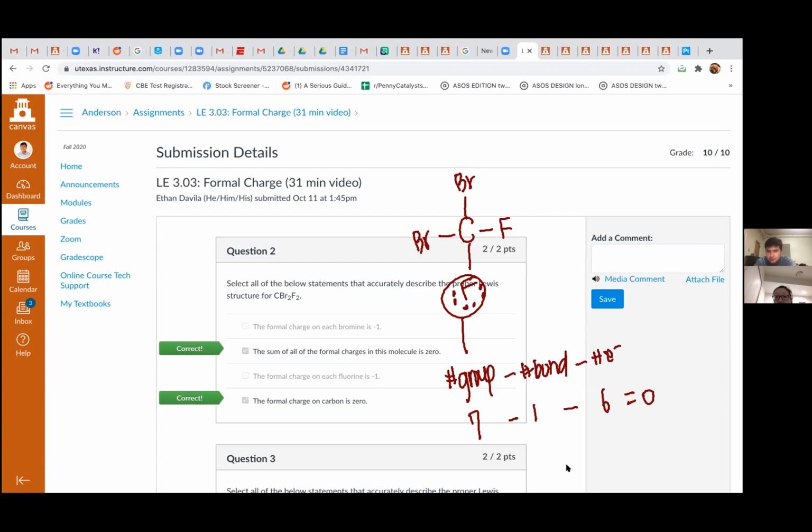Right? And this carbon, the group number is 4, minus it's got 4 bonds, minus 0 electrons, so that's 0. Bromine is also 7, minus 1, minus 6. Okay.